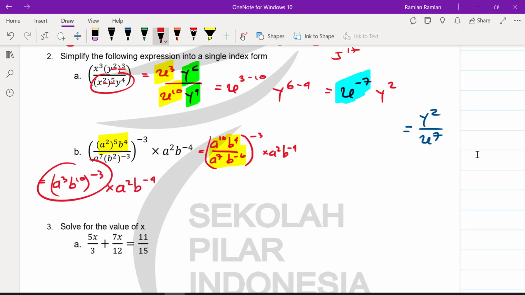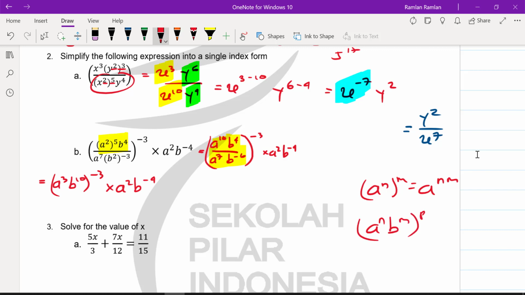Then again, guys, we still have a bracket here, so let's open the bracket. For this one, the same thing like before: a to the power of n, to the power of m, equals a to the power of nm. But if you have different bases, for example a to the power of n times b to the power of m, and then to the power of p, this power outside the bracket you need to distribute to each of the powers with the different base.